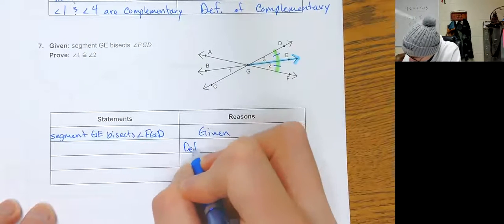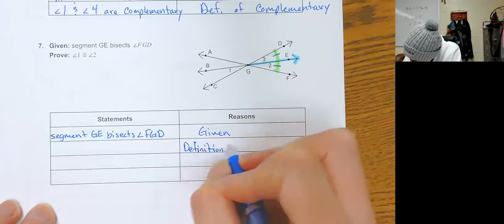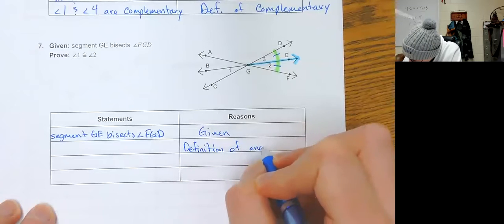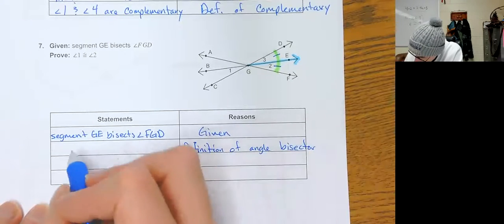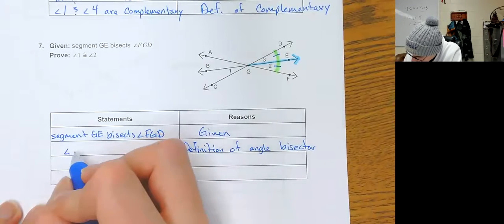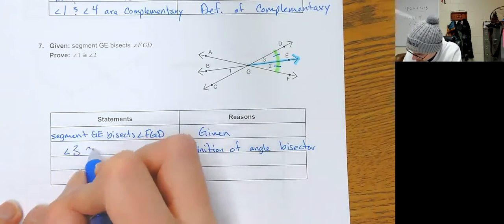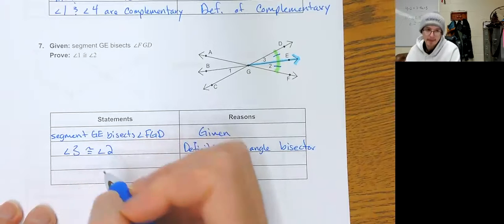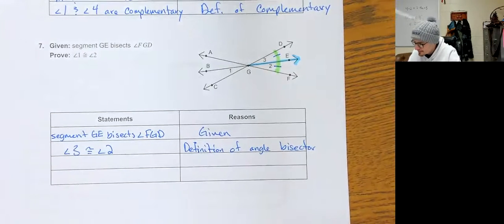So definition of angle bisector, and that would be that angle 3 is congruent to angle 2. All right, because 50% is congruent to 50%. A half is congruent to the other half. Okay, well, what else do we know?